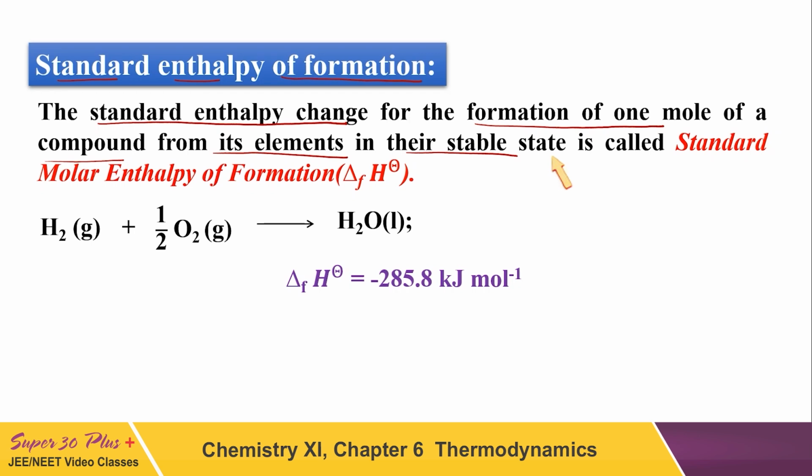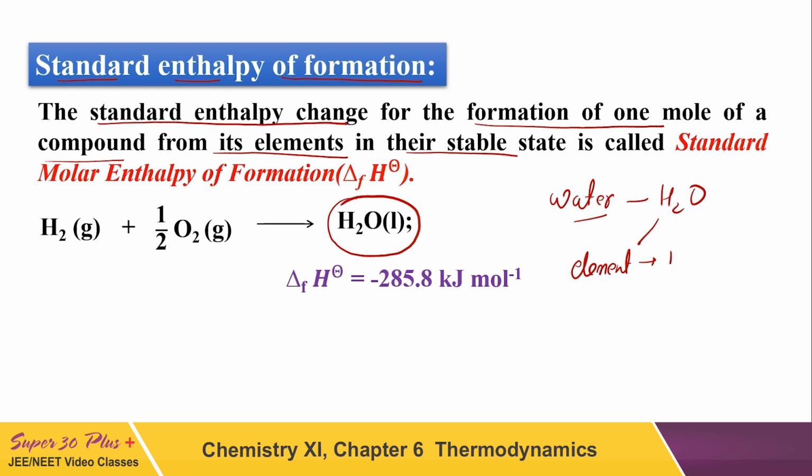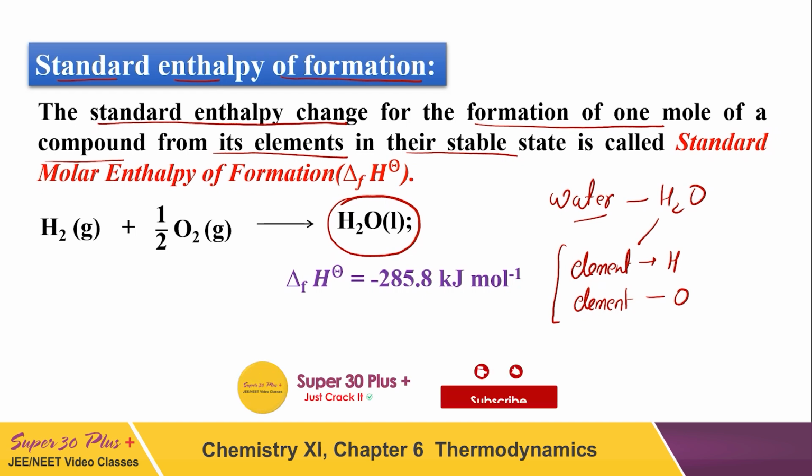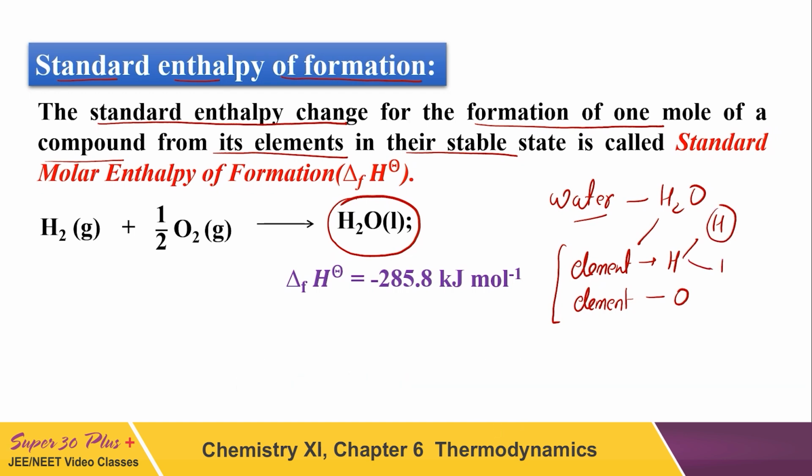What does it mean? Say for example, you have to form water, H2O. Water is made up of two elements. Number one is hydrogen and the other element is oxygen. Hydrogen could be found in nature as nascent hydrogen and also as hydrogen gas.